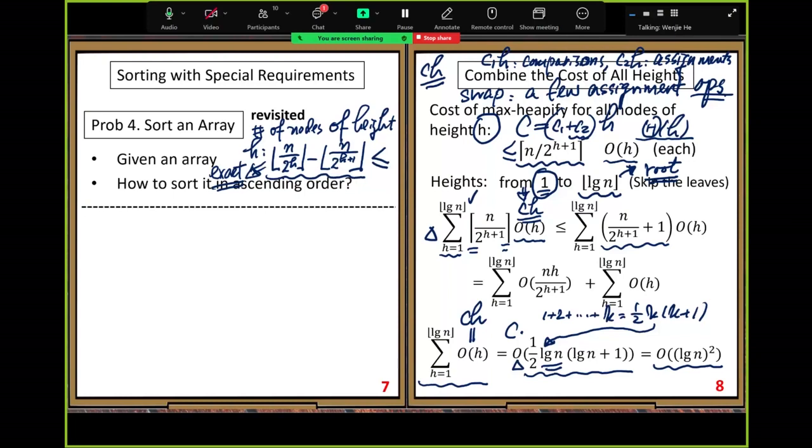It's not a square of n, it's the square of log base 2 of n. Much smaller, right? So let's leave this second summation here. That's for the second summation.